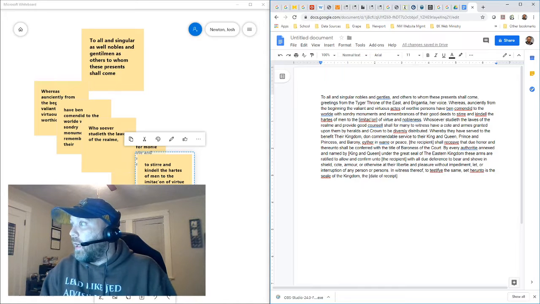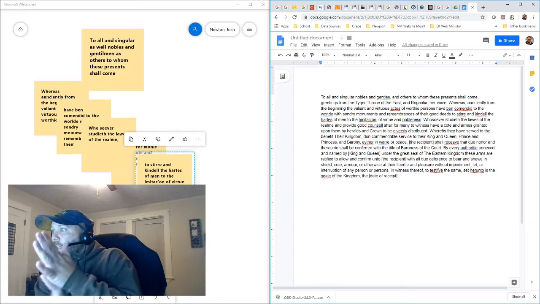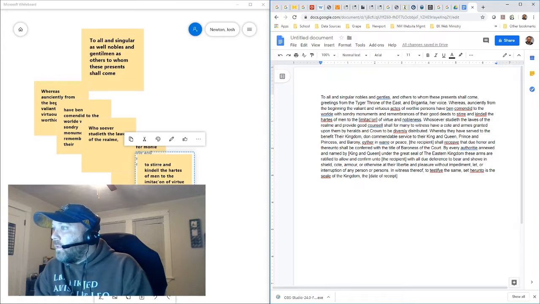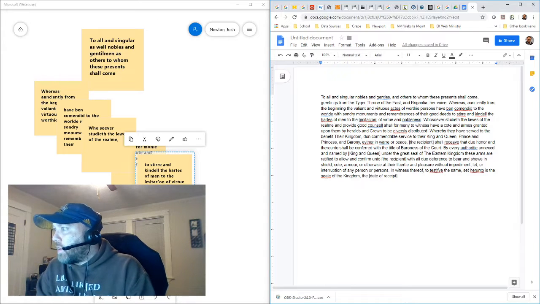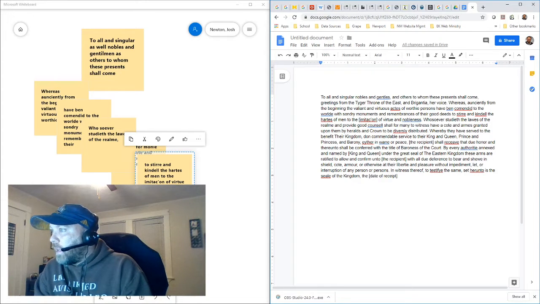End point. Whosoever studieth the laws of the realm and provide good counsel shall for many to witness have a coat and arms granted upon them by heralds and crown to be diversely distributed, whereby they have served to the benefit of their kingdom, done commendable service to their king and queen, prince and princess and barony, either in war or peace. Recipients shall receive that due honor, and thereunto shall be conferred with the title of Baroness of the Court, by every authority annexed and named by King and Queen under the great seal of the Eastern Kingdom.